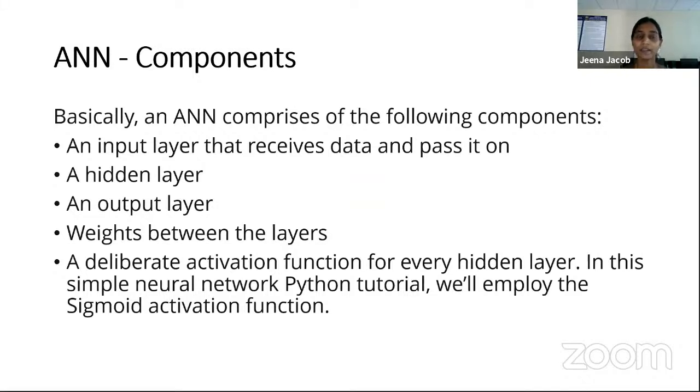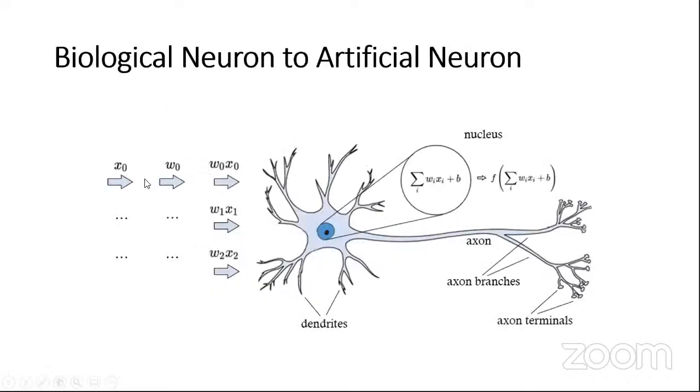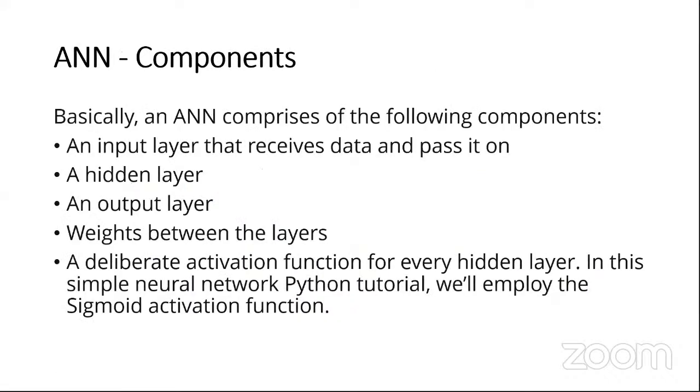So in an ANN, that is an artificial neural network, we have an input layer, hidden layers, an output layer, the weights between these layers, and an activation function in the hidden layers. What is the input layer? In the input layer, we give the inputs. The hidden layers are in between the input layer and the output layer.